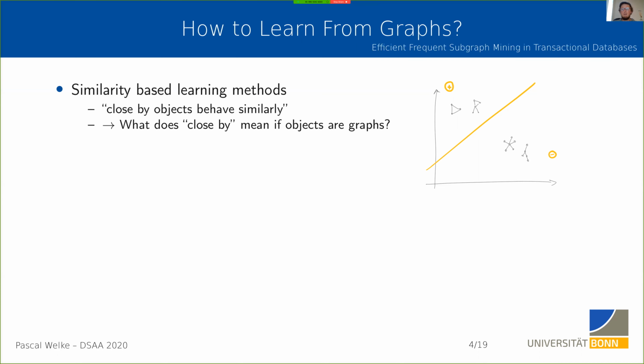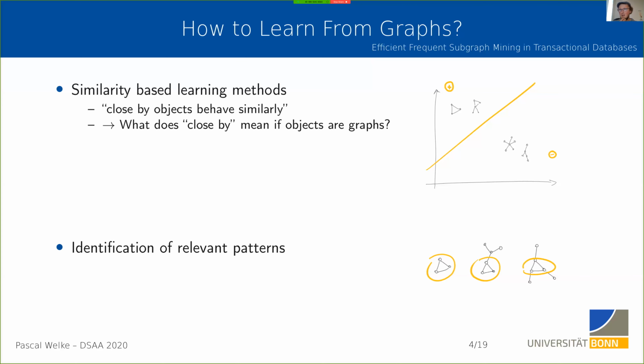Another way of learning from graphs, so to say, is identification of relevant patterns that you could use for exploratory further analysis or for defining similarities based on common structures that are relevant to you. And here, then the question would be, what is a pattern?